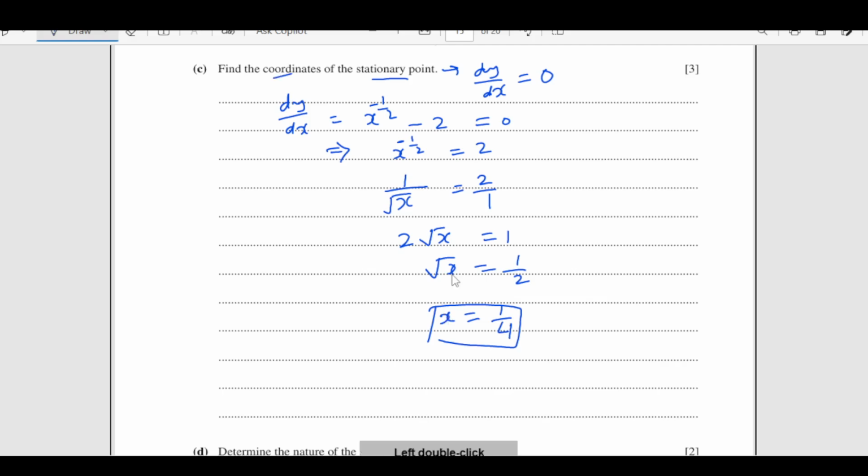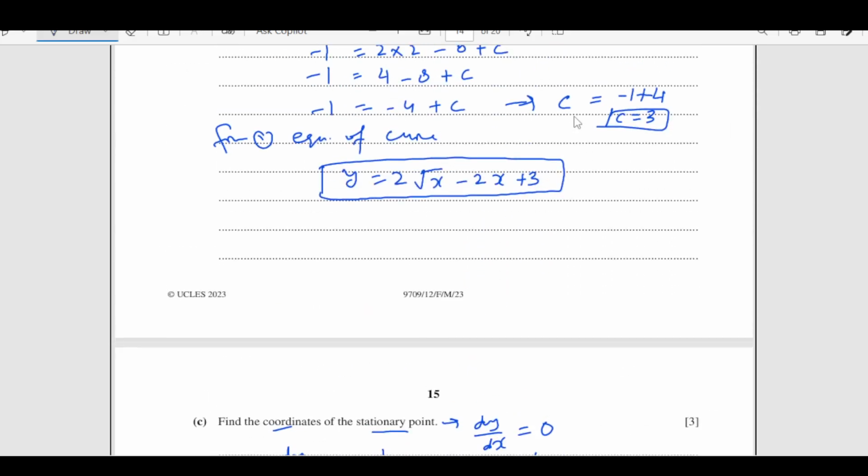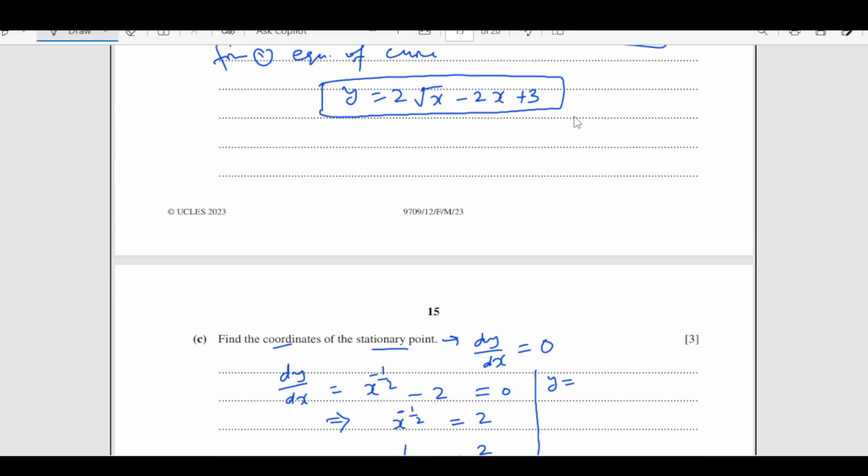We are looking for the coordinates, so with this value of x, we can find the value of y. From equation number 2, y is equal to 2 square root of x minus 2x plus 3.